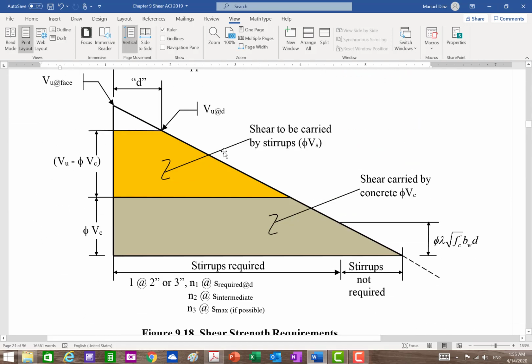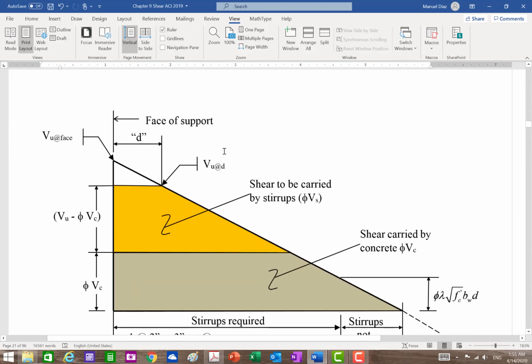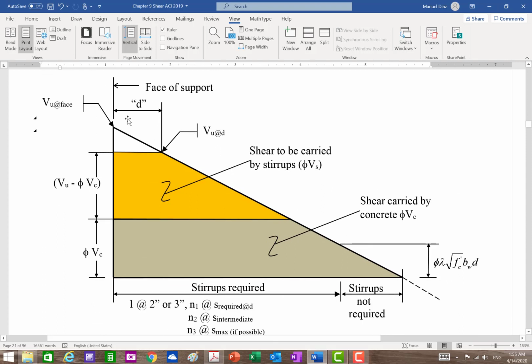Okay, so then what is this? This is simply some of the notation you're going to use. I'm going to call the Vu at this location the Vu at the face. Then the value at the distance d is going to be Vu at d. Normally we're going to design for the Vu at d. Now for the code, there is no Vu at d or Vu at the face.